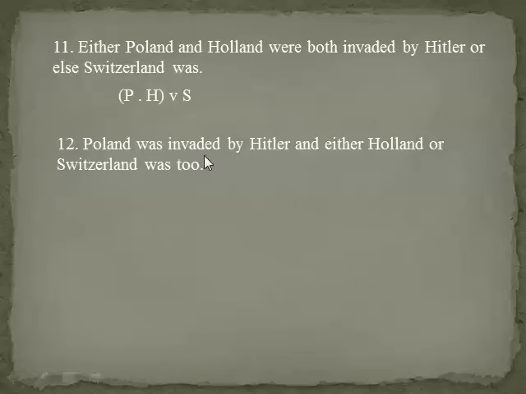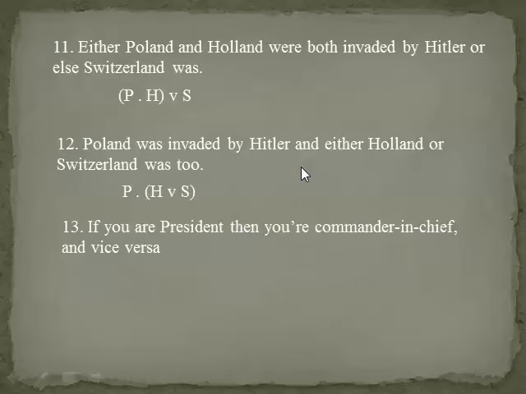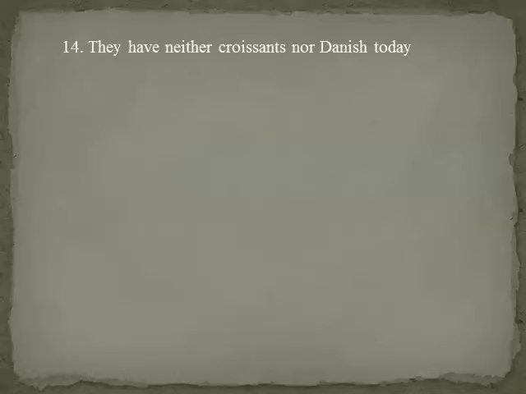Here you have to do some thinking. It was invaded and either. The and is the main operator. We've seen that one already. Neither nor, a neither nor statement.